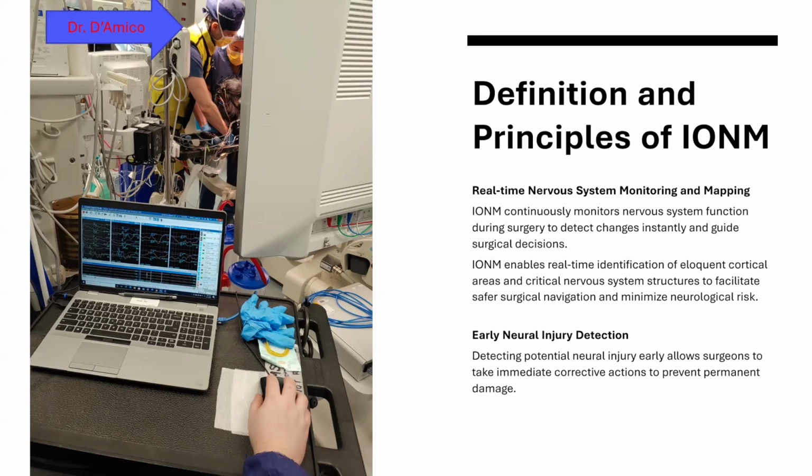Another role of neuromonitoring is to map nervous structures, to help identify different structures in space, to allow the surgeons to effectively know where things that are important, that control motor output or sensory input, live within the body, because it's not as straightforward as what textbooks show you.